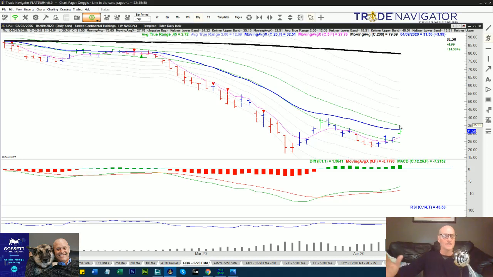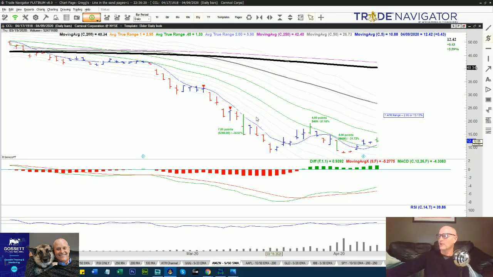But because this is for an emergency stop, I want to place it outside of the range. So I'm going with 2 ATRs, because if it moves 2 ATRs, it is really strong, either to the downside or to the upside. And if it moves 2 ATRs, then I know I'm obviously wrong, and I would hit my emergency stop.